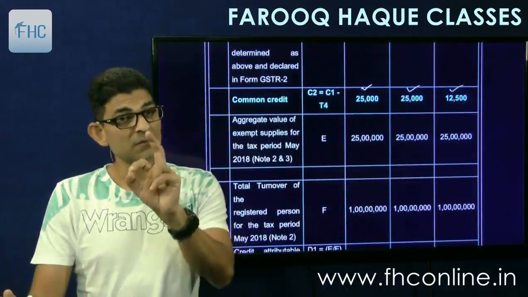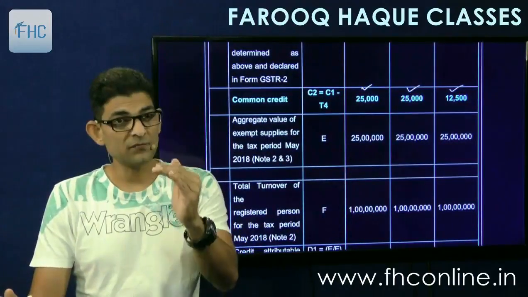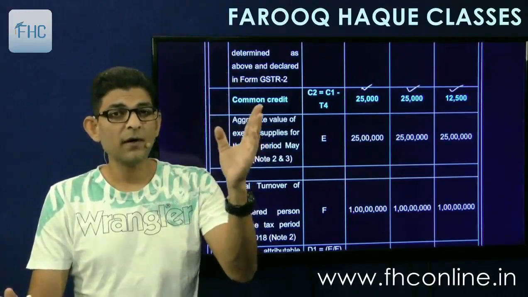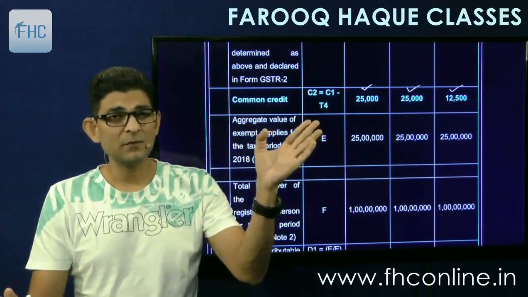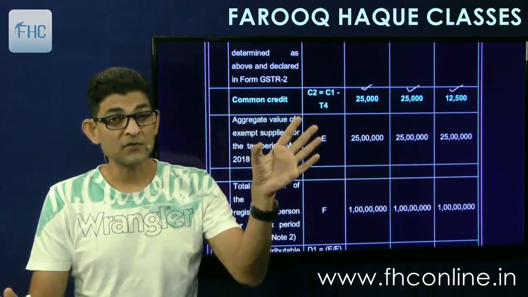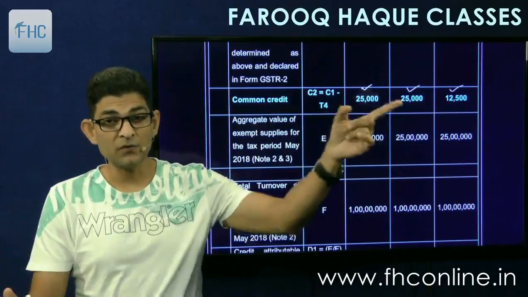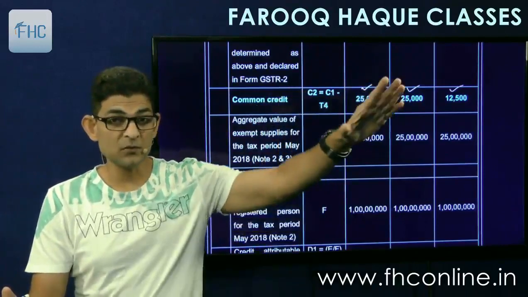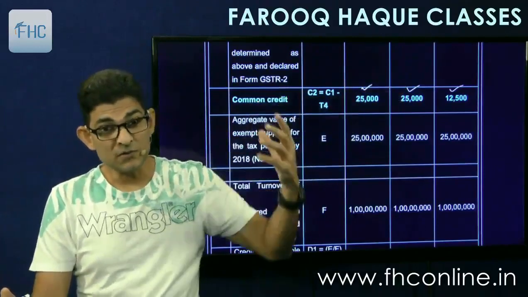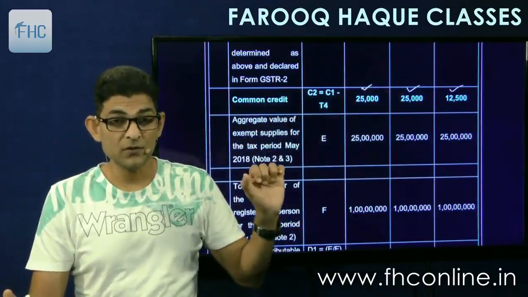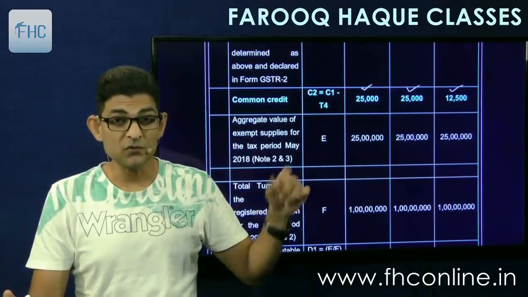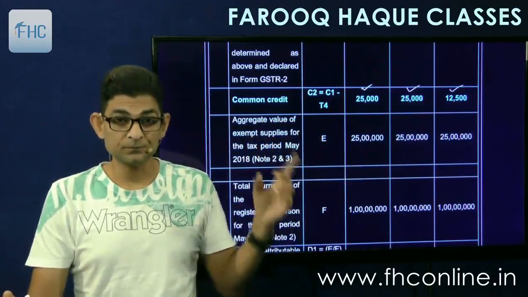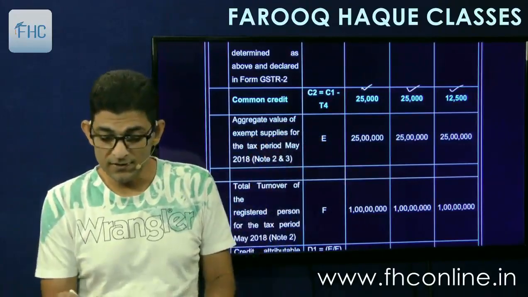One for exempt supplies, that will be E upon F, exempt turnover divided by total turnover, and one for non-business use, that will be ad hoc 5% of 25,000, 25,000, 12,500. So for non-business purpose we'll take 5% of this, and for exempt supplies we'll take E upon F. So we need to know what is E and what is F. E is the turnover of exempt supplies, F is total turnover. That is given here.